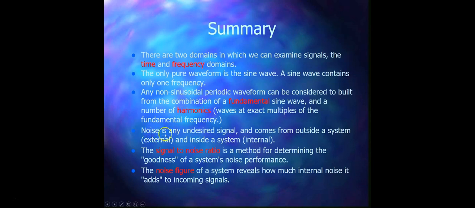Then we learned about noise, which is the undesired quantity in the signal, and it can occur in two ways. It can occur externally, as well as inside a system, which is called internal noise.